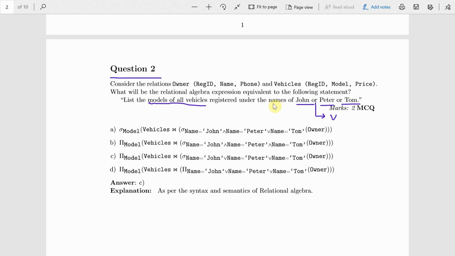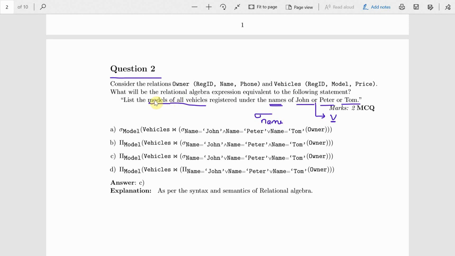So we have a condition on owner name. So conditions you can write using sigma, as we discussed in the previous question. So what is the condition? The name attribute should be equal to John or Peter, or we can specify using the OR operator, we call disjunction operator, or Peter or Tom.